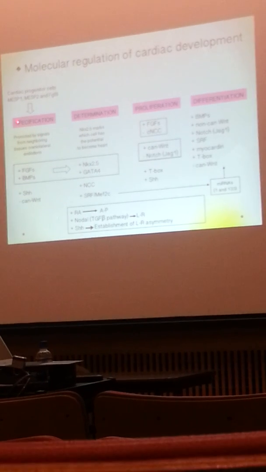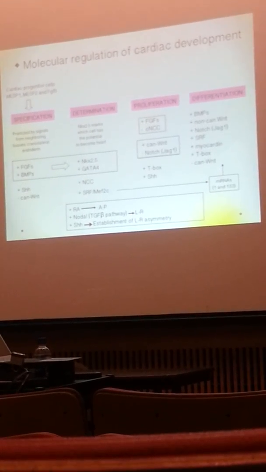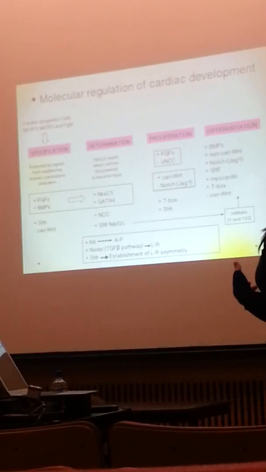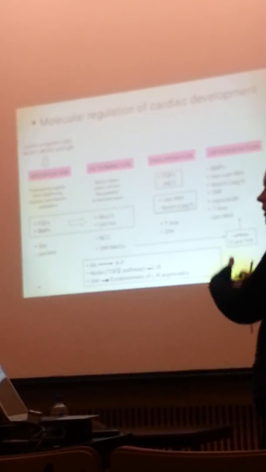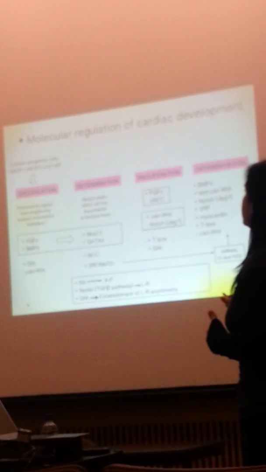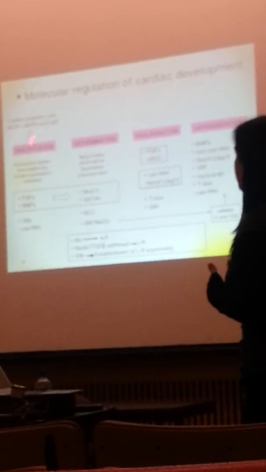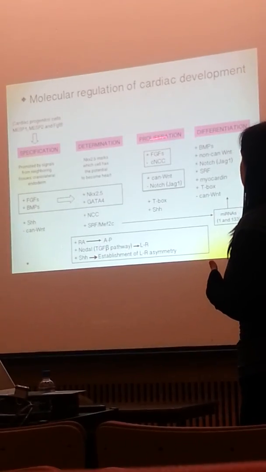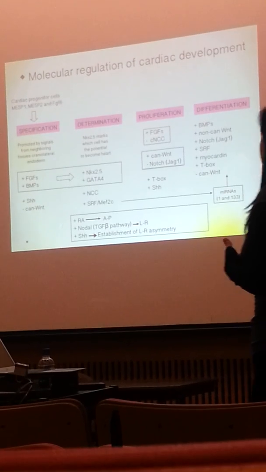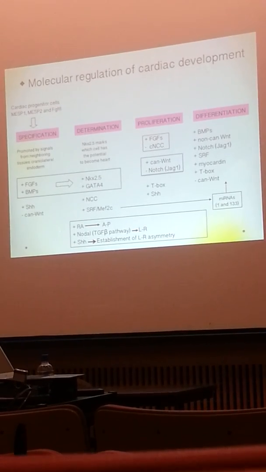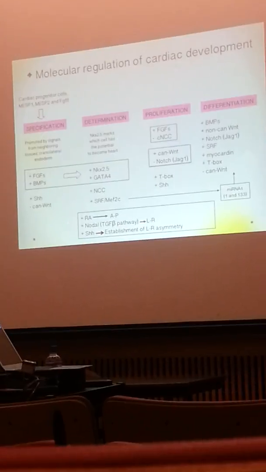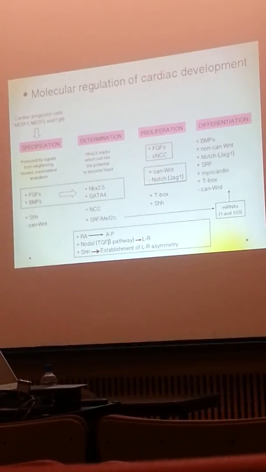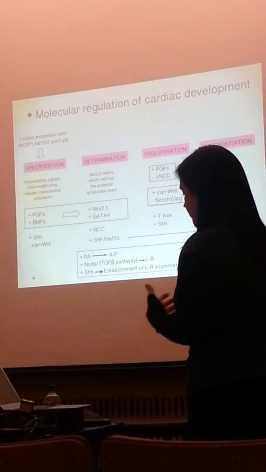So anything that is going through morphogenesis will go through these steps in order to get the cells more committed to form whatever is going to be in the future. The further you move from specification in this direction toward differentiation, the more committed the cells are to become something, and the less possibility there is to go back to the previous cell stage.